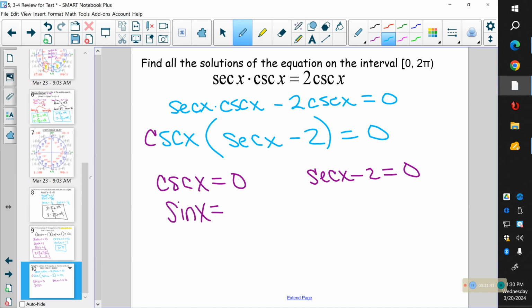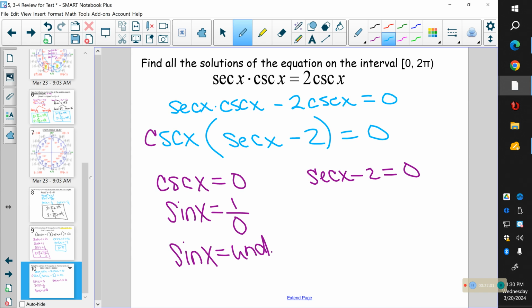So if cosecant is equal to 0, what is the reciprocal of 0? 1 over 0. What is 1 over 0? Undefined.